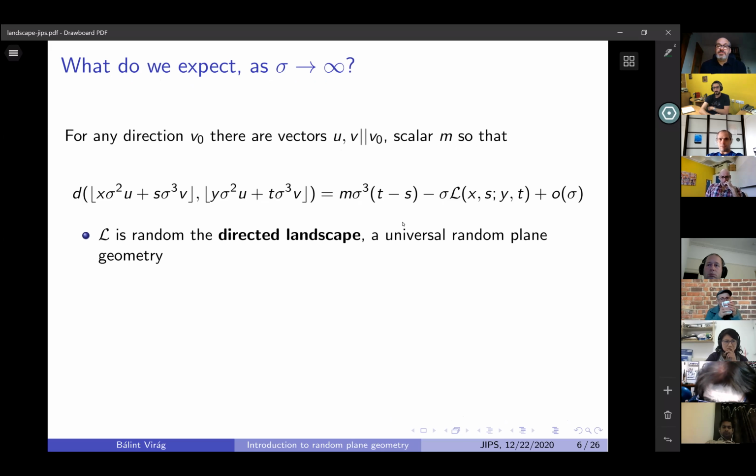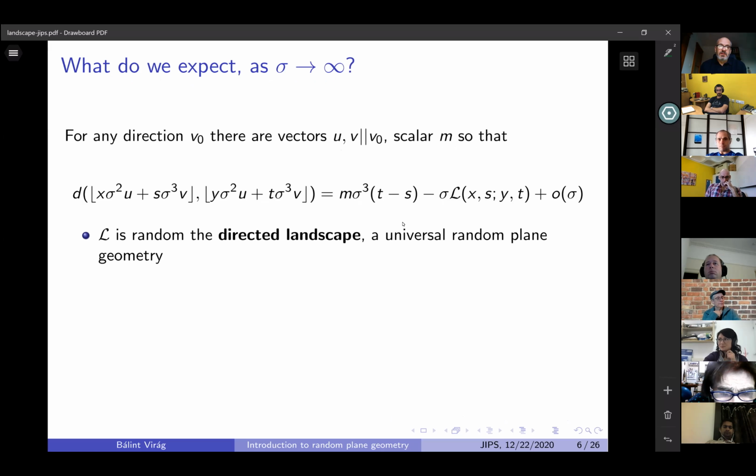But then we expect some kind of noise there, and the noise depends on these four parameters, x, s, y, and t, which live in the plane. The noise itself, this is the nice part, you could think of it already as a geometry on the plane.